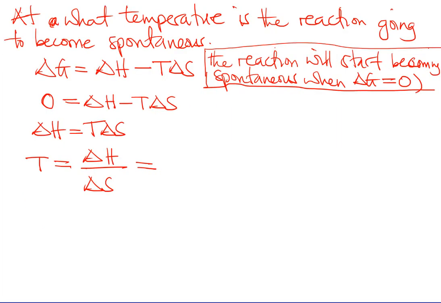So in terms of our numbers, we see that delta H is 95700 J, while delta S is 142.2 J per Kelvin.